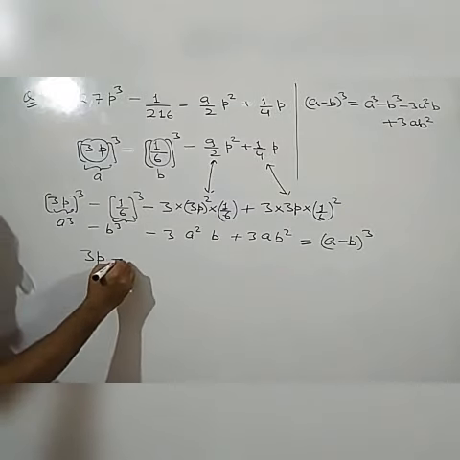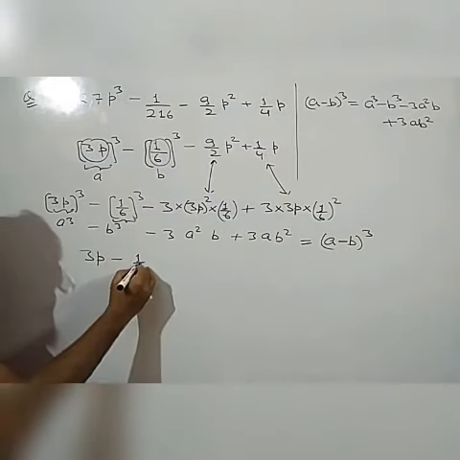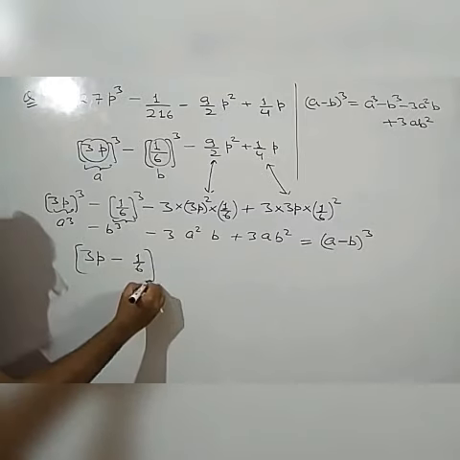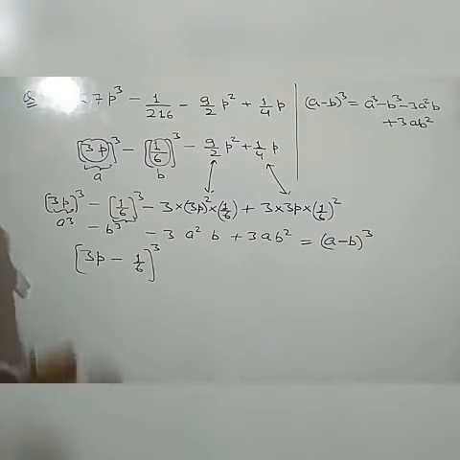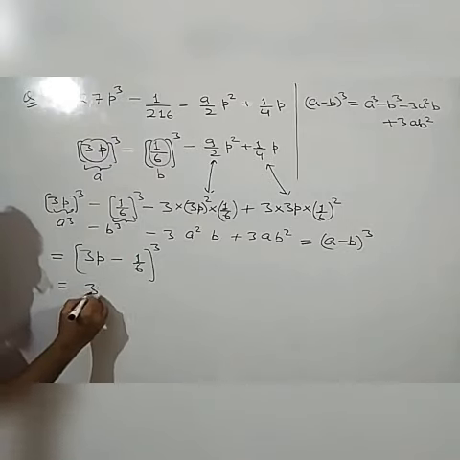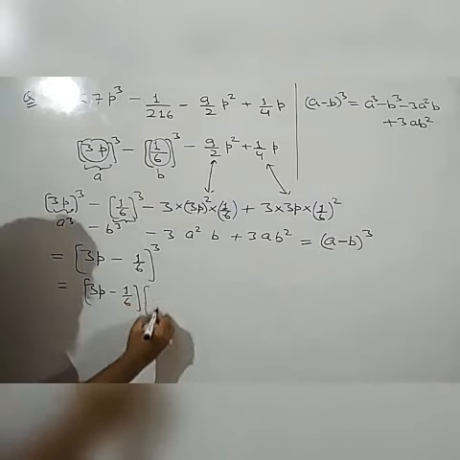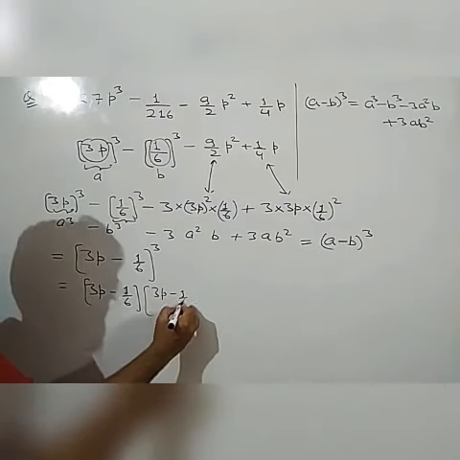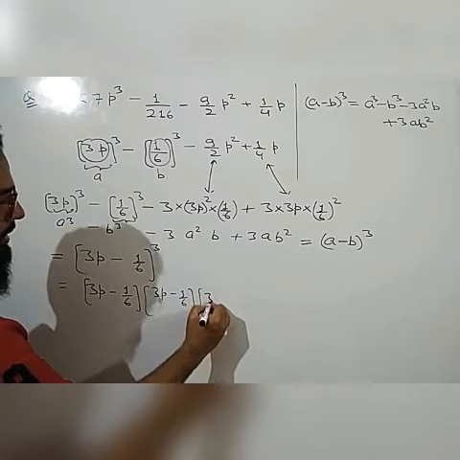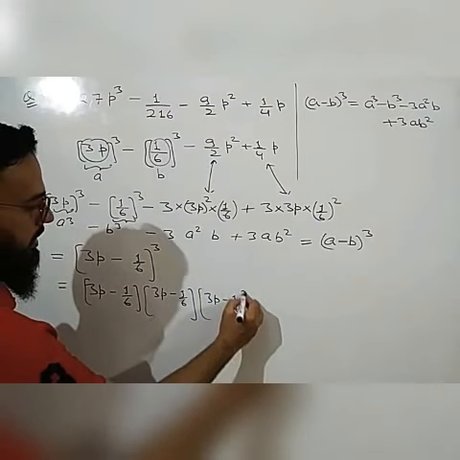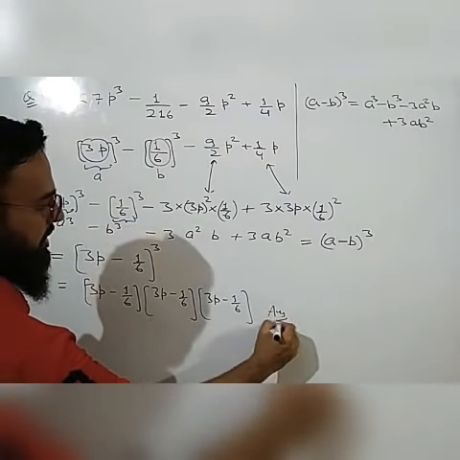So it is a minus, what is b? It is 1 upon 6. So we can write it as 3p minus 1 upon 6 whole cube. It is our answer, but we will write it in the form of factors. So it will be 3p minus 1 upon 6 in the first bracket, again 3p minus 1 by 6 in the second bracket, and 3p minus 1 by 6 in the third bracket. So it will be our answer.